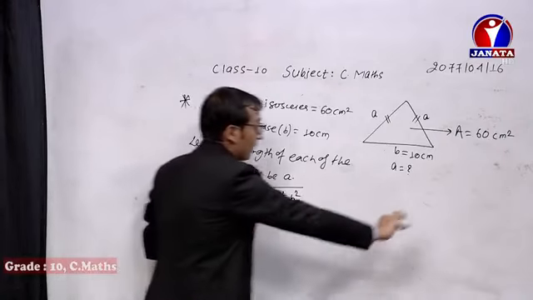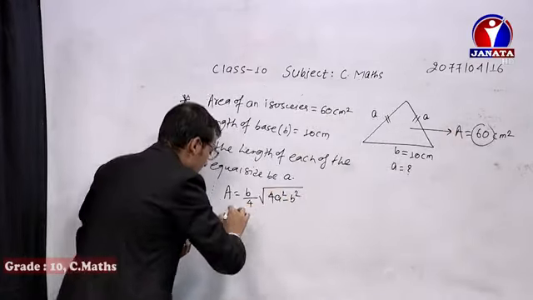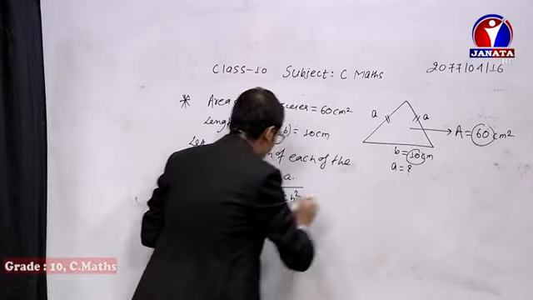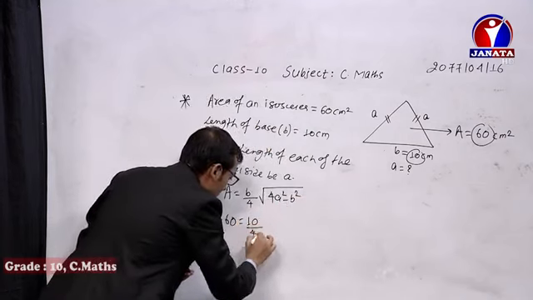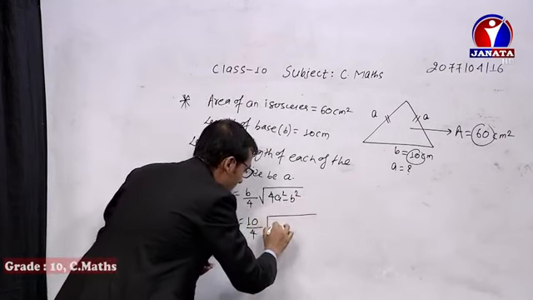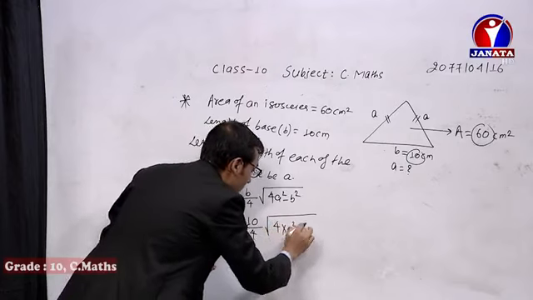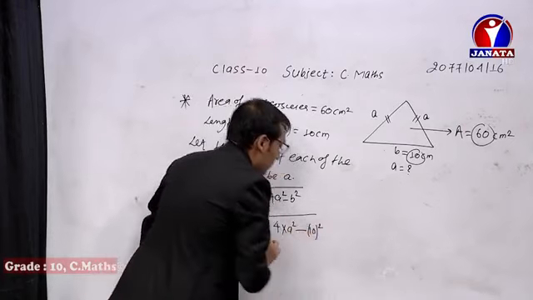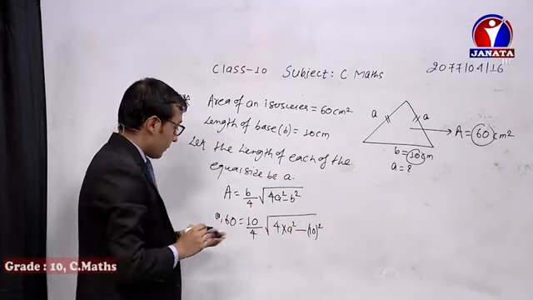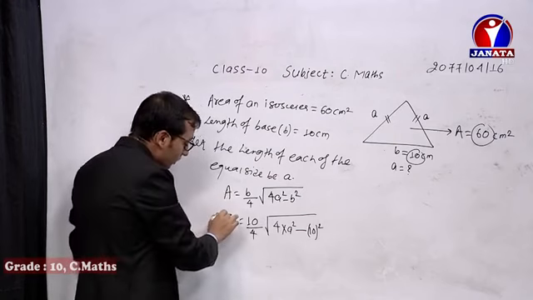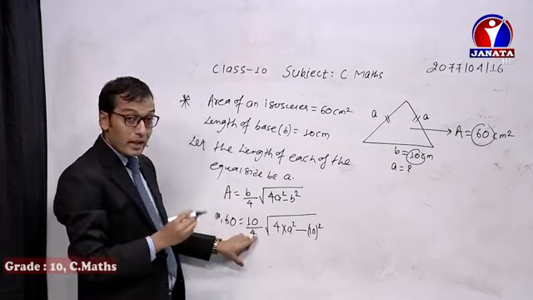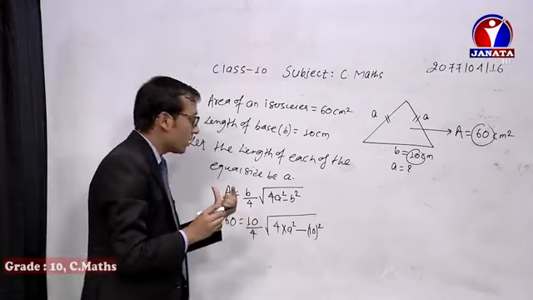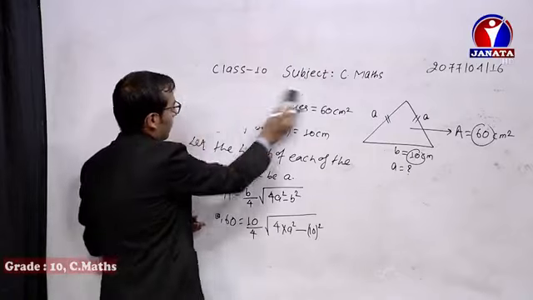The area is given as 60, so 60 is equal to 10 over 4 times the square root of 4 times a square, a is unknown, minus 10 square. Now we can simplify. We can send 4 to the left hand side and divide by 10.